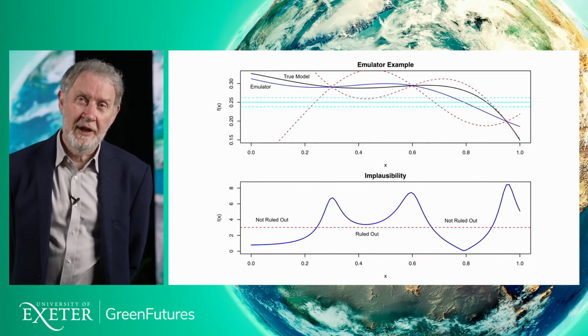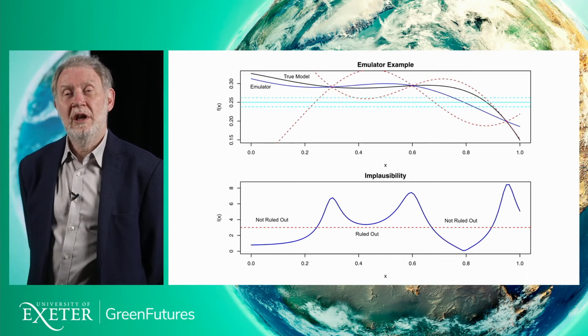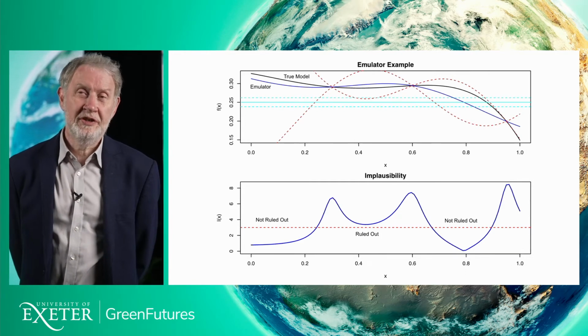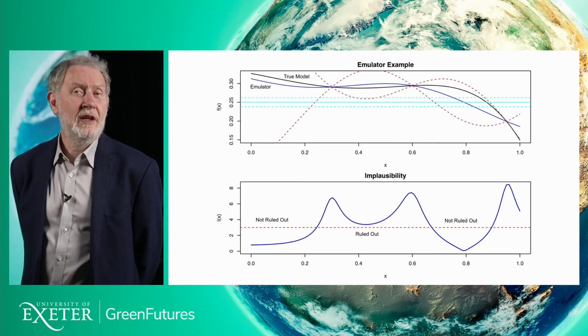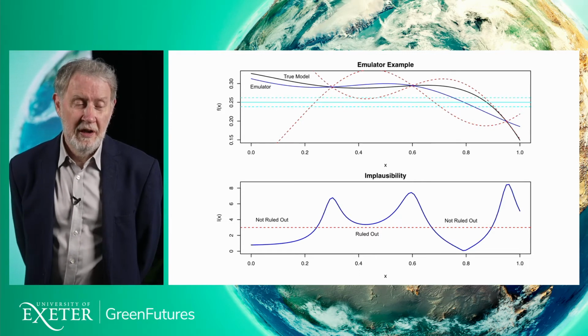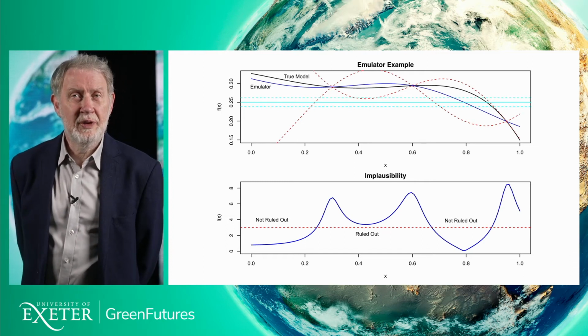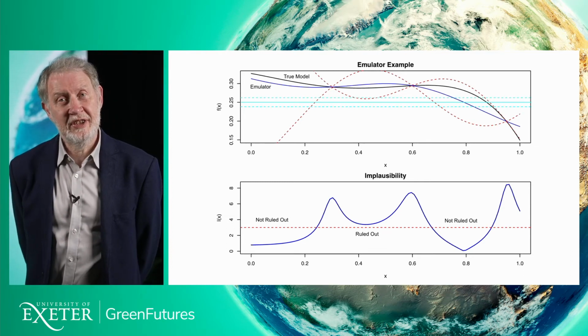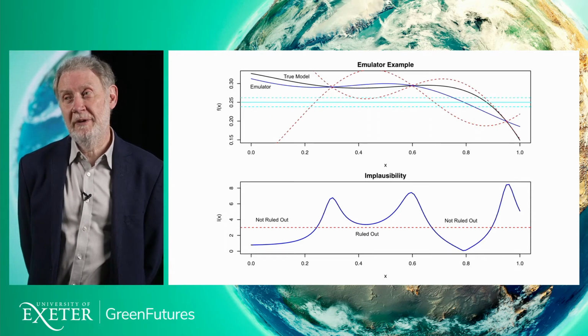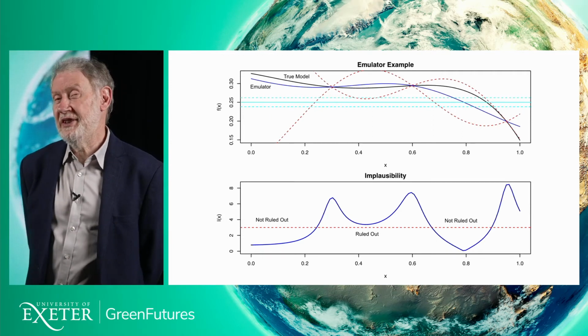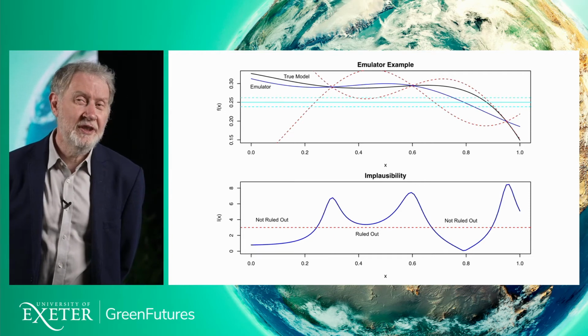And here's an example of calibrating a model. The method we're using here is called history matching. And we calculate a thing called implausibility, which is a scaled distance from the model to the data. So we scale it by the uncertainty. So we rule out inputs that are too far away from the model. But if they're very uncertain, we don't know that they're too far away, so we don't rule them out.